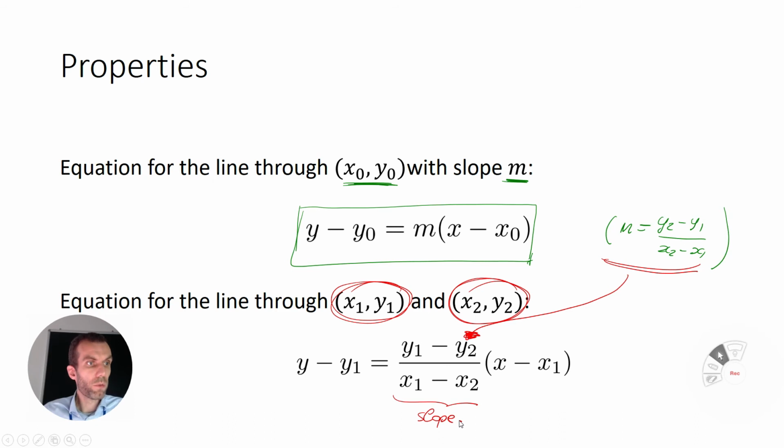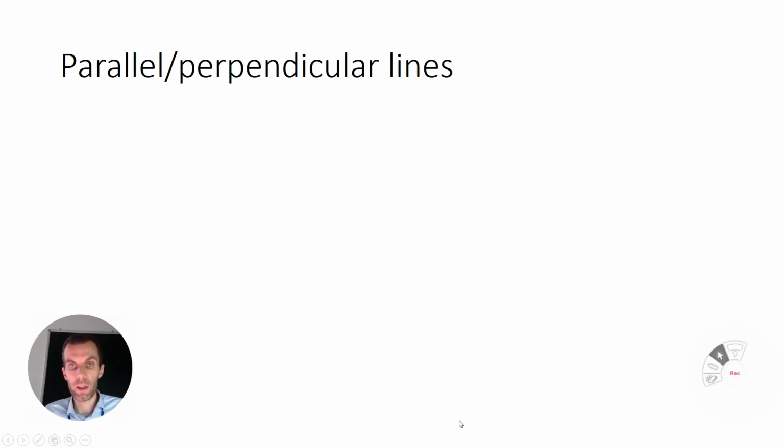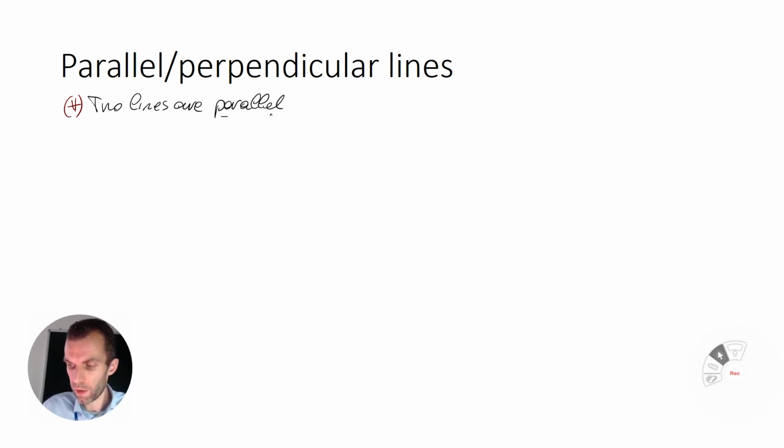And now let's move on and talk about parallel and perpendicular lines. So we say that two lines are parallel if they have the same slope.